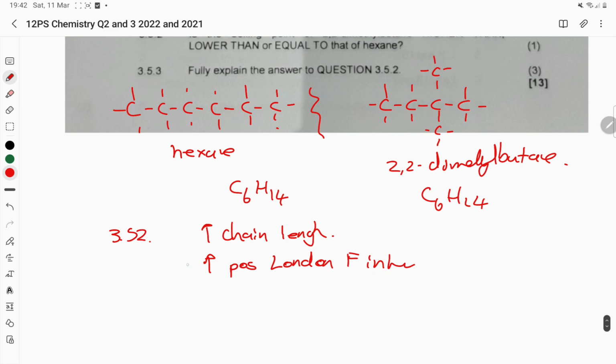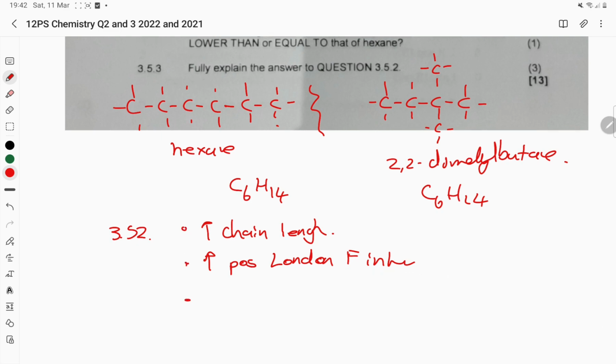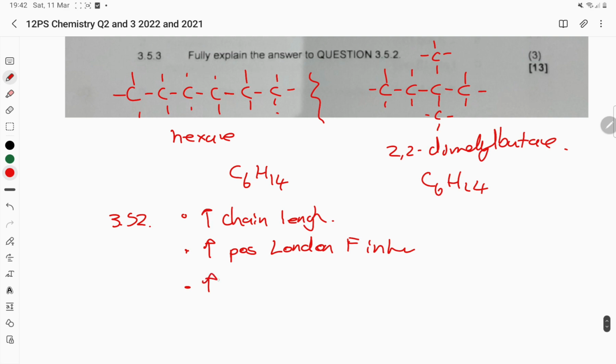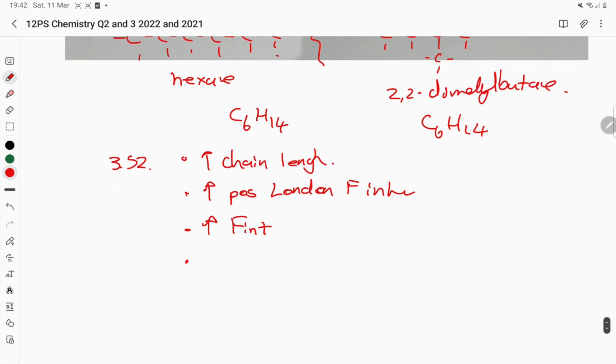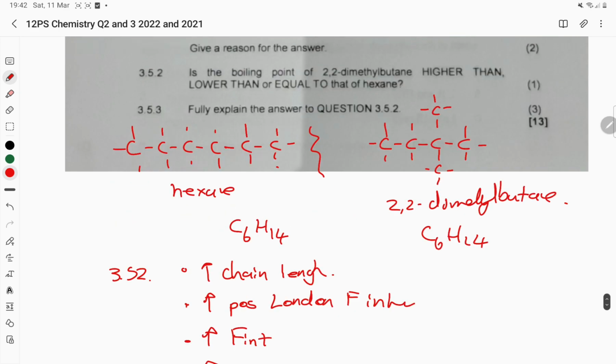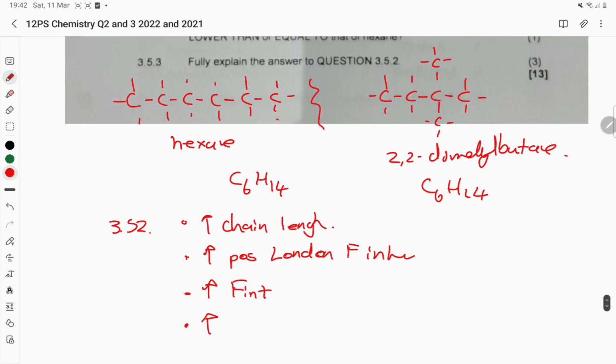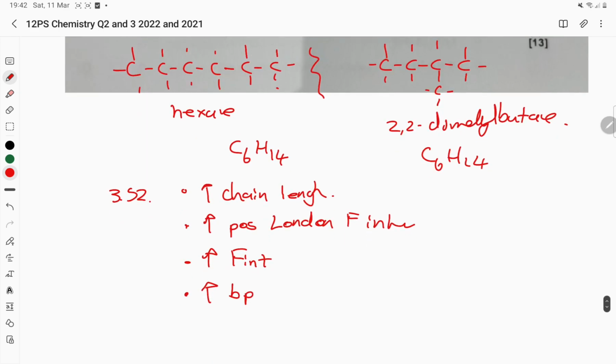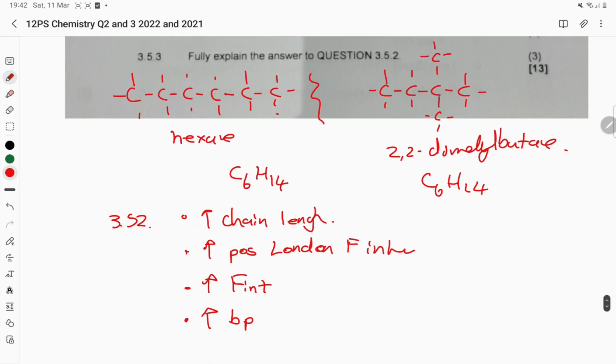Because they have more positions to interact, you'll have higher intermolecular forces for the hexane, which will result in a higher boiling point. Don't write melting point, write a higher boiling point.